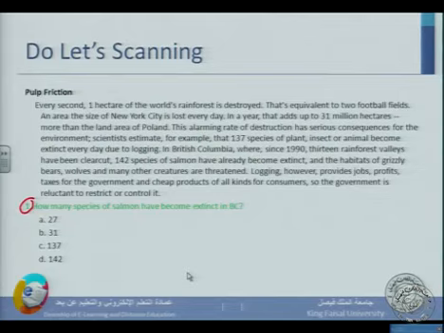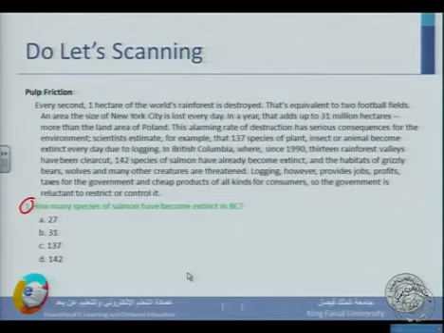The question is, how many species of salmon have become extinct in BC? The answers here are numbers. So, shall I read the whole passage?